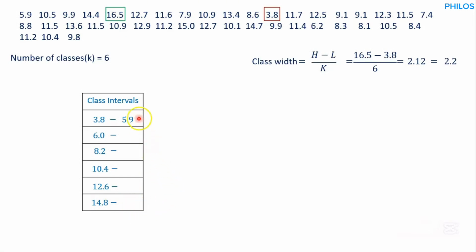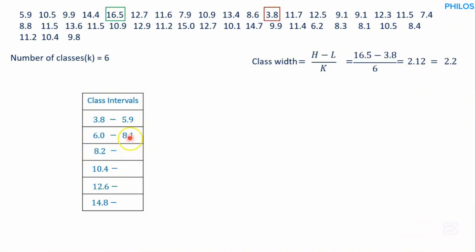Another way is, I've gotten this 5.9 already, right? I can choose to add the 2.2 how I did for the lower class limits. So when I add 2.2 to 5.9, I will get 8.1. And when you add 2.1 to this 6.0, you still get the same 8.1. You can do it either way.